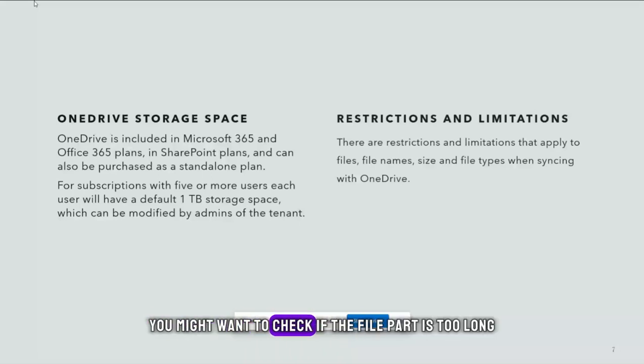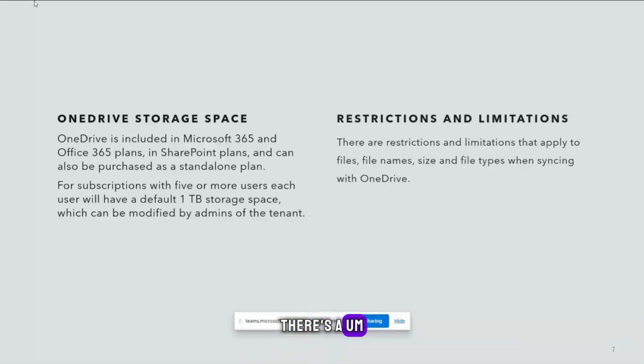You might want to check if the file path is too long, or if there's a symbol that is not being supported, or the file type. I'm going to drop a link in the chat box shortly after this, and you can check that out as soon as possible.